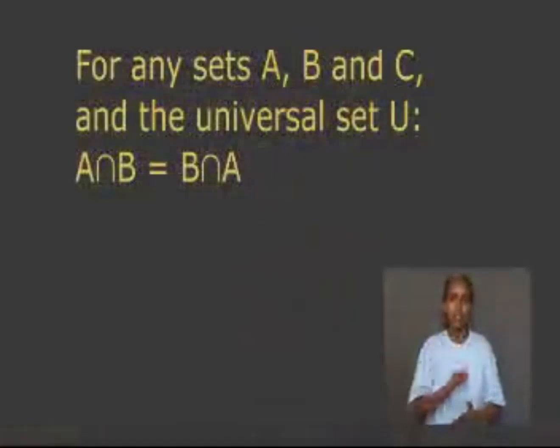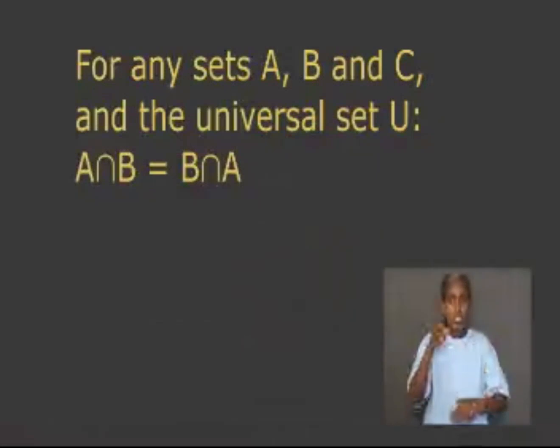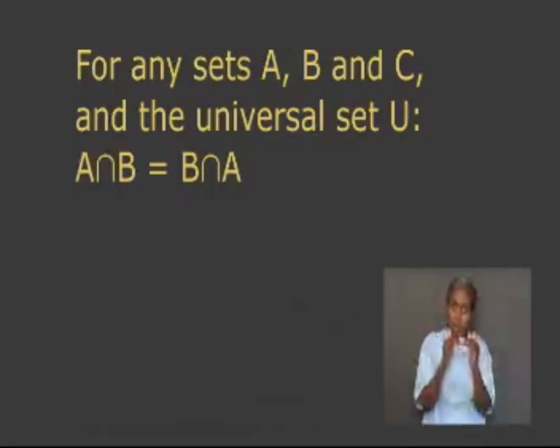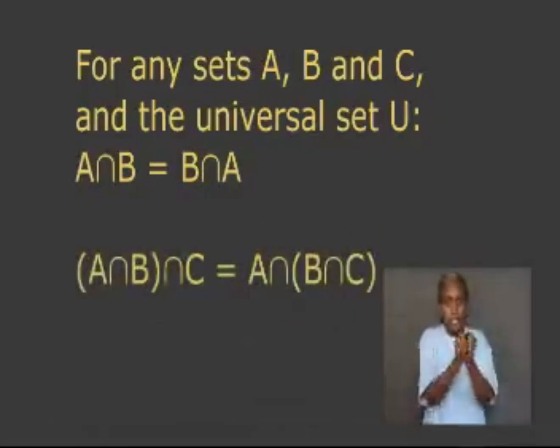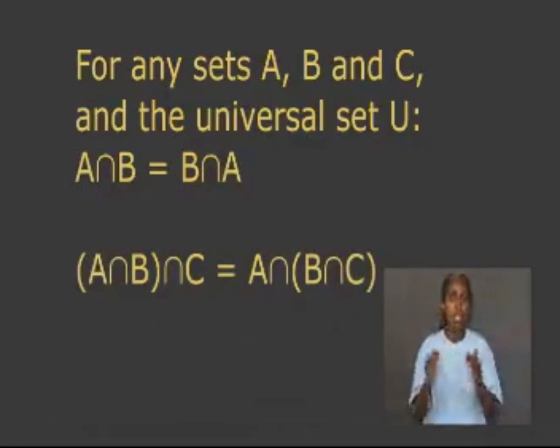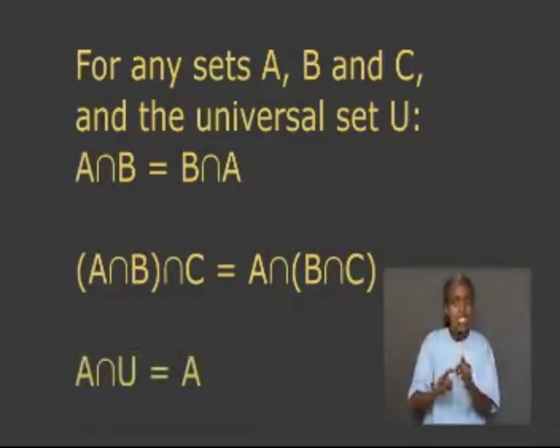For any sets A, B, and C, and the universal set U, A intersection B equals B intersection A. A intersection B, intersected with C equals A intersected with B intersection C. Finally, the intersection of A and the universal set will always equal A.